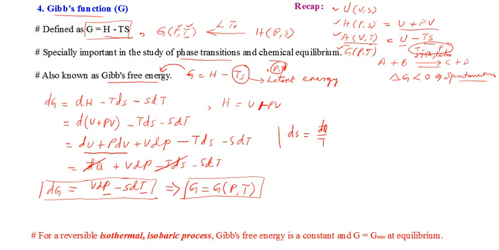While designing it, he has to identify the variables which are accessible to him, whether he can control volume and entropy, pressure and entropy, volume and temperature, or pressure and temperature, which combination is accessible to him.